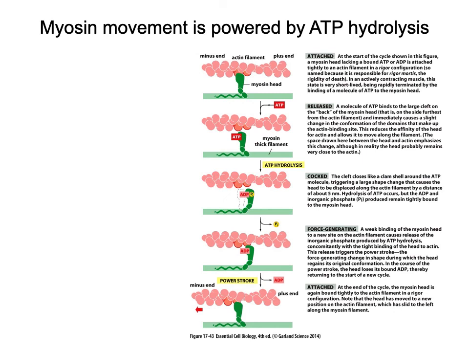So the ability for myosin to move is going to be powered by ATP. ATP is going to get hydrolyzed to ADP, and that's going to give the stroke, allowing for that movement of the filament by the myosin. There are more details in here.